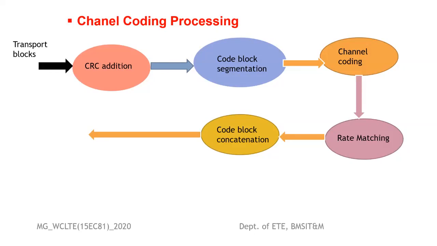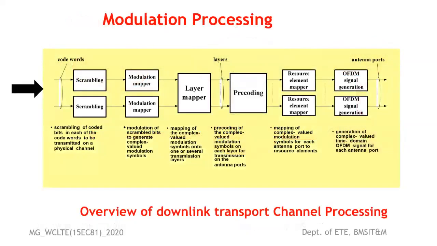The second part is that this arrow goes as input to the next, which is the modulation process. The output of code block concatenation gives the code words, which will be scrambled. Then modulation mapping is done.